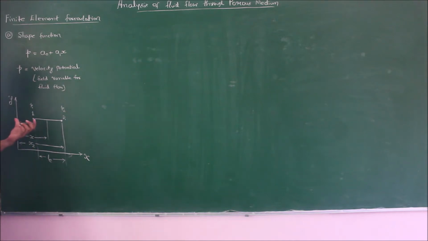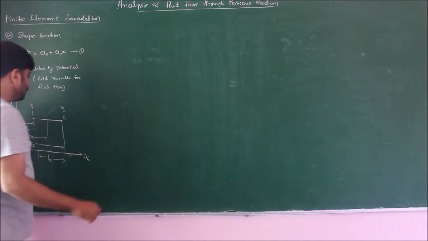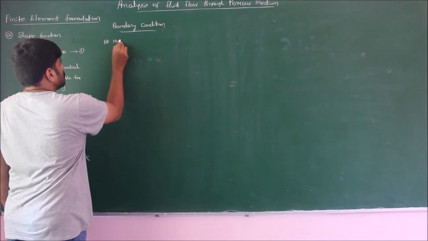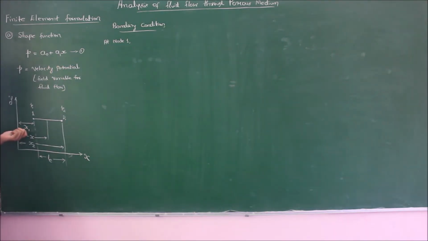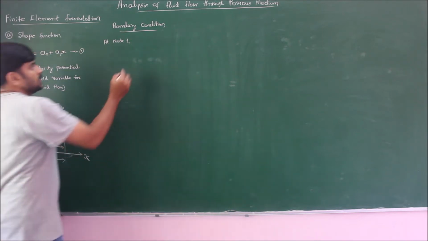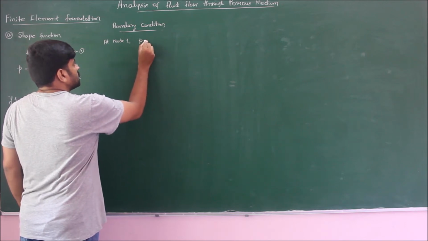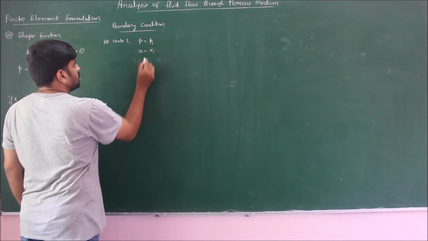Now substituting the boundary conditions at node number 1 and node number 2 in equation 1, we have the boundary conditions as at node 1 the value of x is x1 and the value of velocity potential is P1.